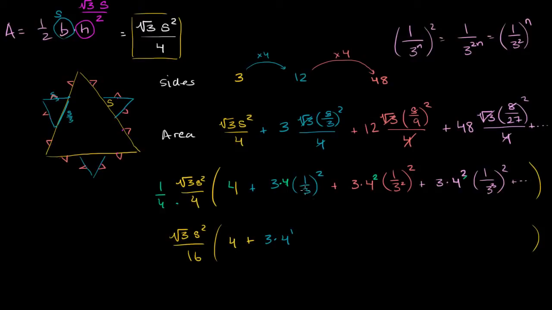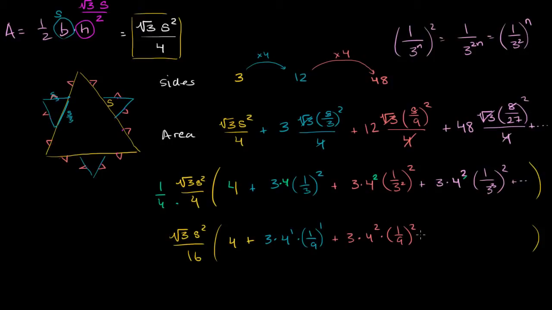We could view this as 1/3 squared, or as 1 over 3 to the first power squared, or as 1 over 3 squared to the first power. I'm going to write it that way: times 1/9 to the first power, and then plus 3 times 4 squared, which we can write as times 1/9 to the second power.